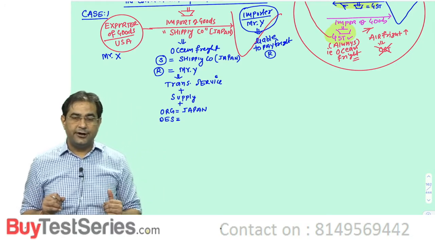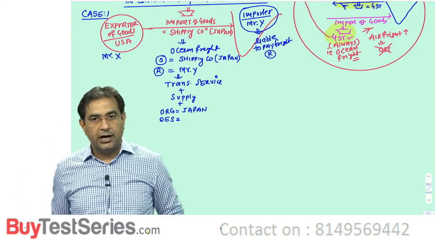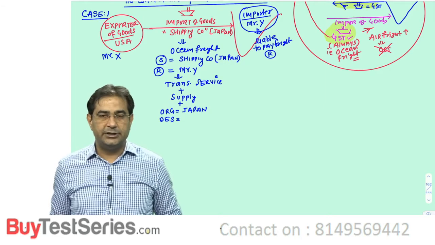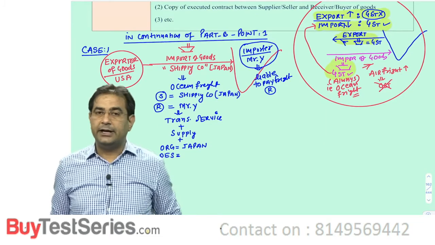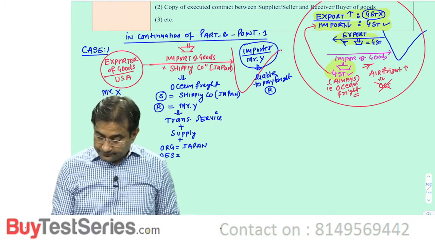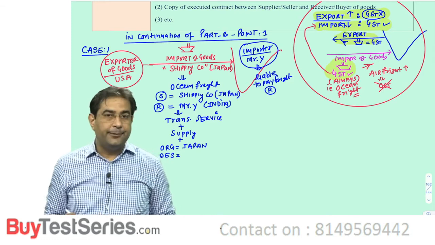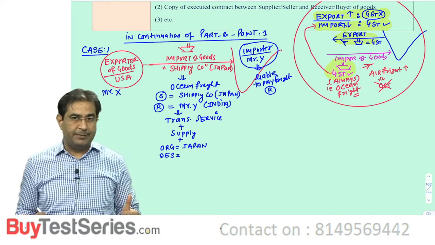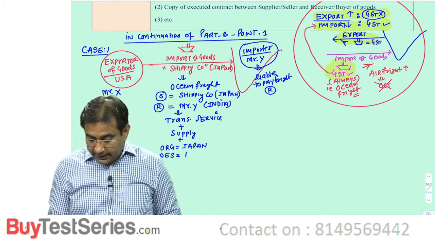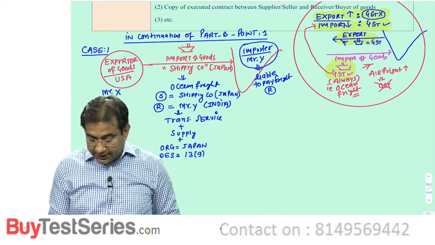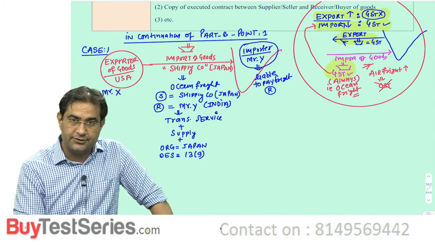Section 13 says that when any one or both of the parties are situated outside India, then section 13 shall apply. In this particular situation, one of the parties, that is the supplier, belongs to an entity in Japan, outside India. So section 13 shall apply. And section 13, subsection 9, is applicable in respect of transportation services, right?